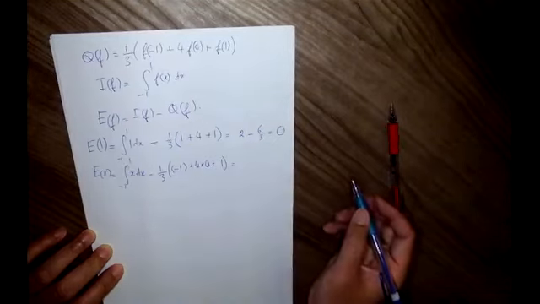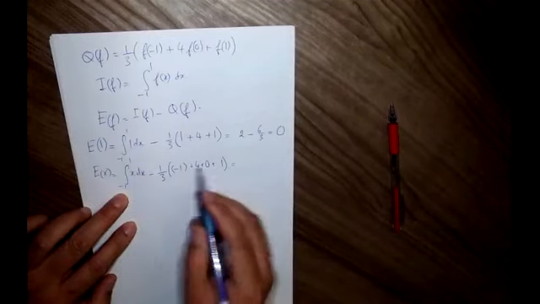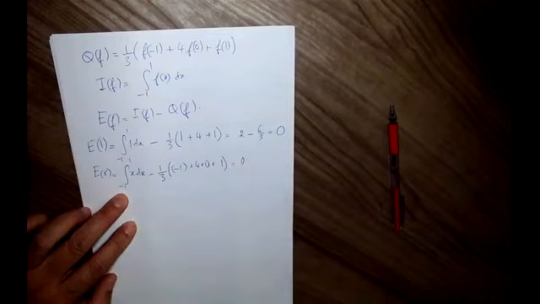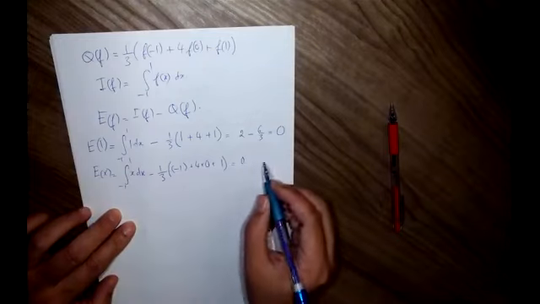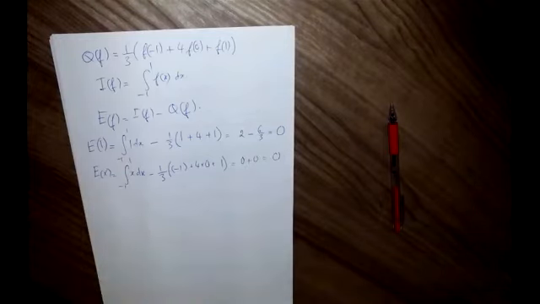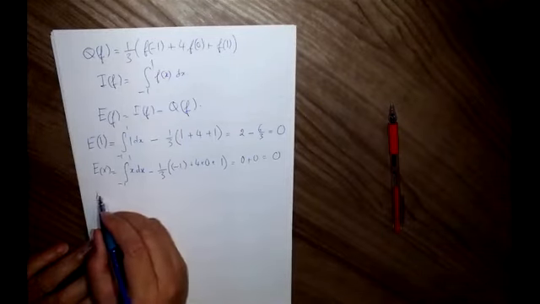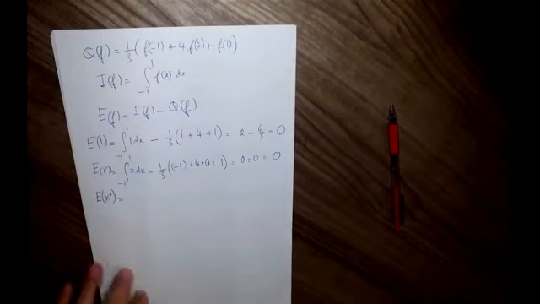Right? So the integral of x from minus 1 to 1 is just 0 because it is an odd function. And this one is minus 1 plus 0 plus 1, which equals 0. So 0 minus 0 equals 0. Yeah? So the degree of precision is at least 1. Right? Still, we have to do more. So what is E of x squared?